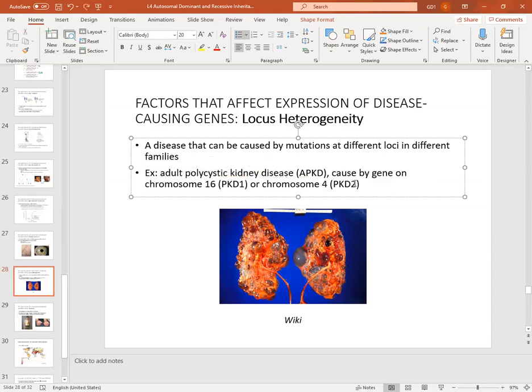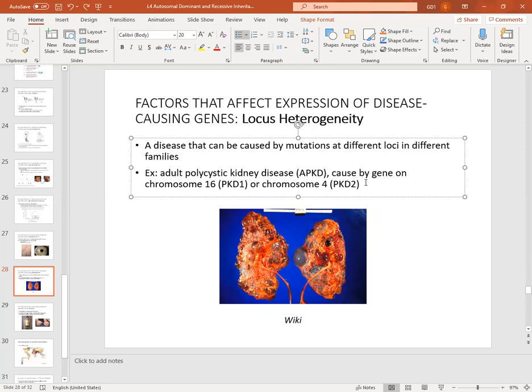First, I need to mention that these are two genes encoding two proteins that have the same function in the cell. They make one channel in the cell membrane, so they change the ability of sodium to go in and out of the cells, and it mostly affects the kidney. So you see different chromosomes, but the same effect.